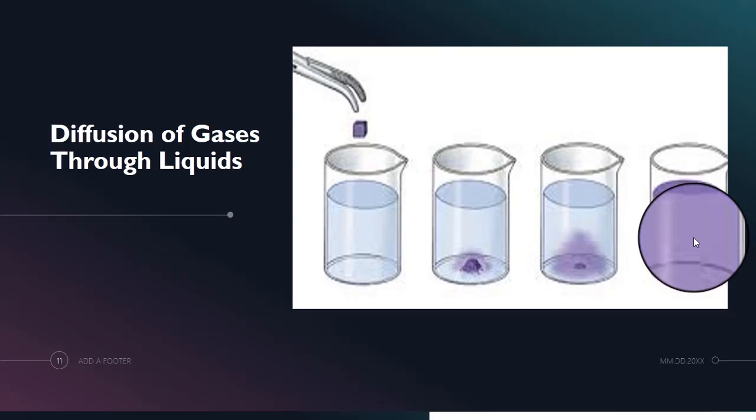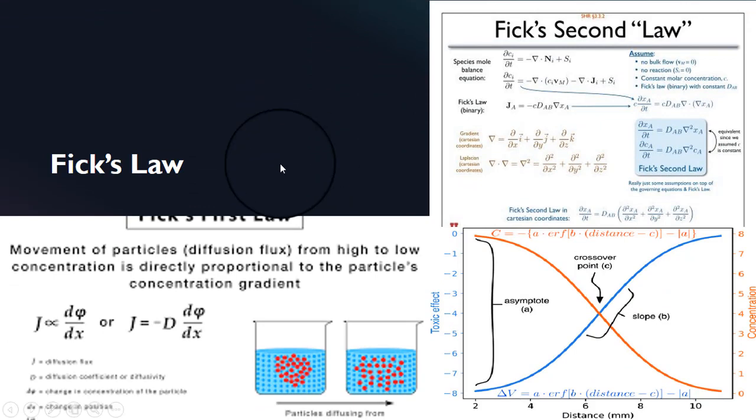Now next we'll talk about Fick's law. Very important law in case of liquids. So let's talk about Fick's law. Fick's law gives us a number of factors that affect the rate of diffusion of gas through liquid. First, the partial pressure difference across the diffusion barrier.